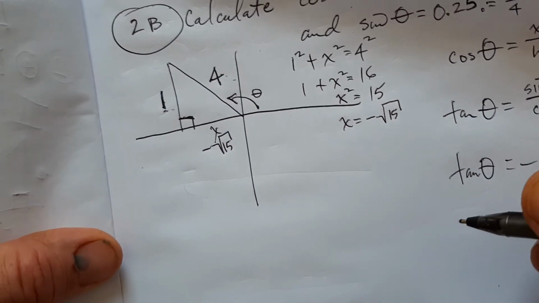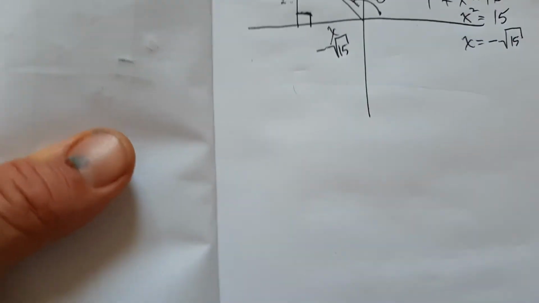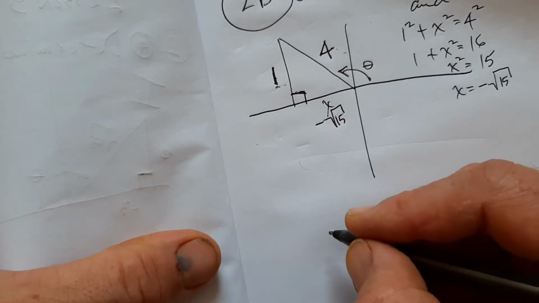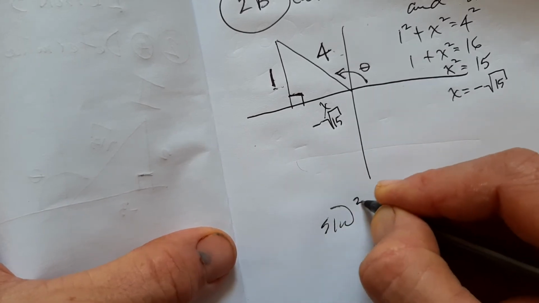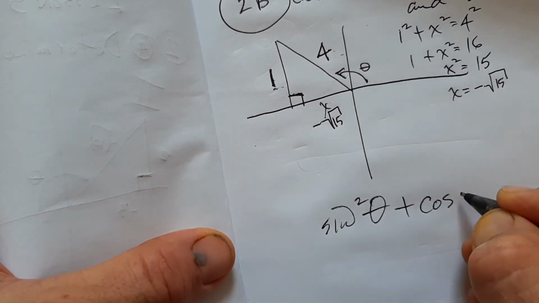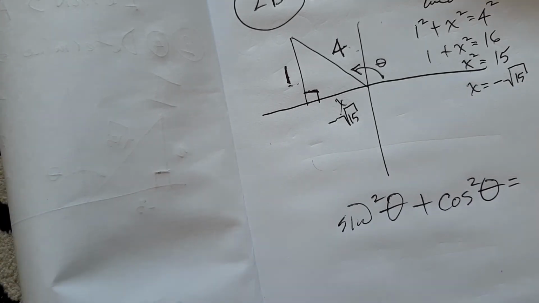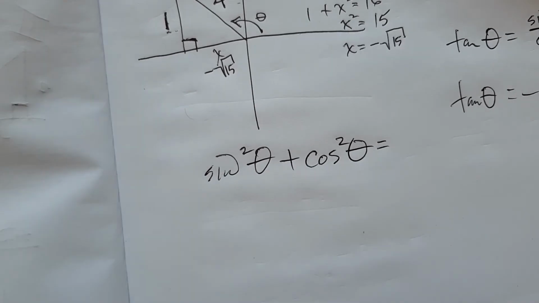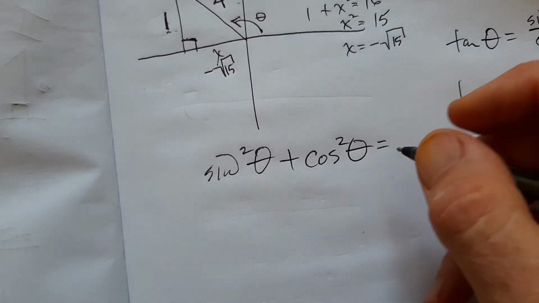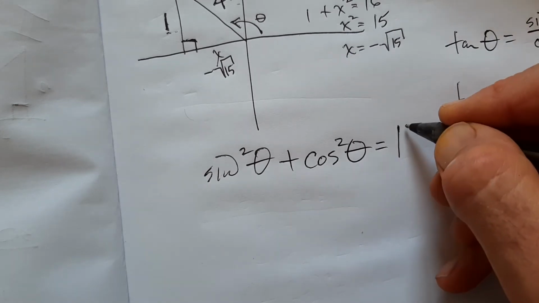Oh, this isn't so tricky. Here we go. This is easier than 2A, I think. If we got sine squared theta plus cosine squared theta, I know you're better at memorizing stuff. I used to be great at memorizing things, but that was 30 years ago.